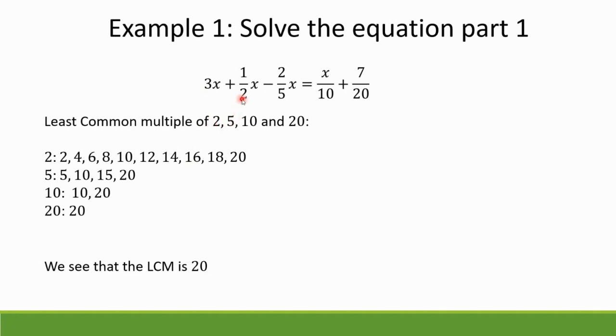So we have 2, 5, 10, and 20. For now, all we can do is list their multiples, as you can see. We list a bunch of them and keep going until we get a positive integer that's in all these lists, and we get 20.